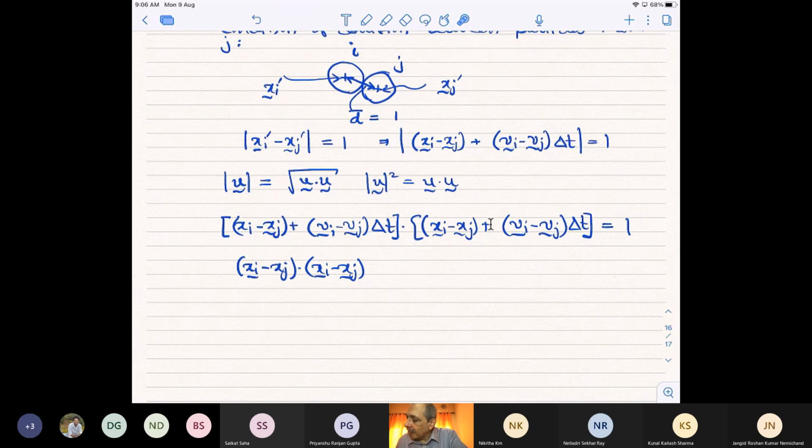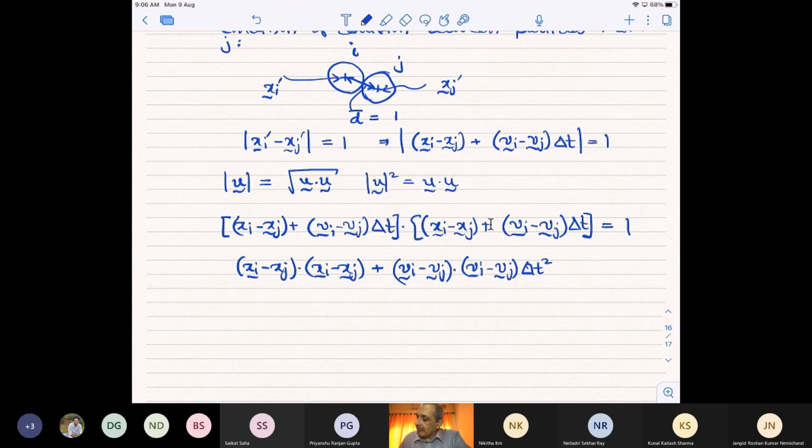Then we have one other dot product between the velocity terms, plus vi minus vj dotted with vi minus vj times delta t whole squared.